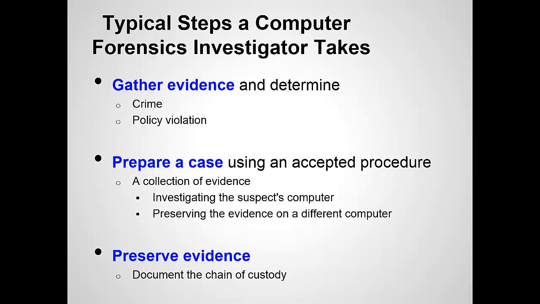I think we talked about doing the imaging, and imaging here means simply copying whatever is on a suspect's hard drive and turning it into a file called an image, and then you investigate the image on another computer. And once you have the image, I think the most important thing is that you don't damage it. So make sure you preserve whatever evidence you have already collected.